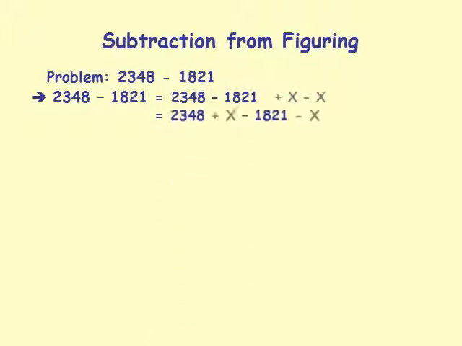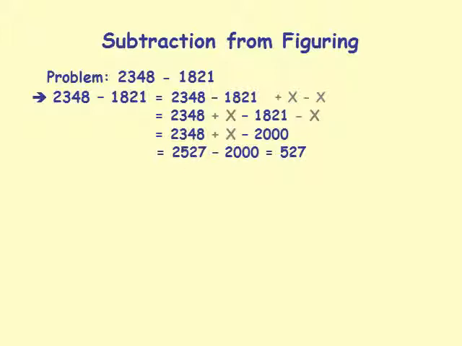Then she combines plus x with the 2348, and minus x with the minus 1821 minus x. The next step is she reveals that minus 1821 minus x is minus 2000. Then she adds x to 2348, and that reveals that number is 2527.